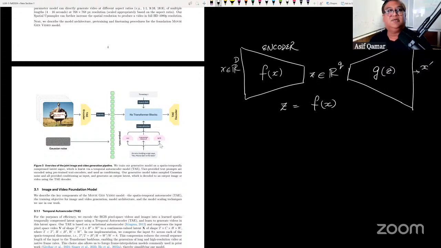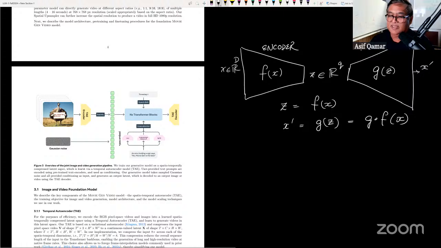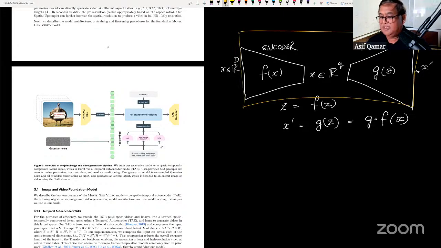It encodes the input into a different representation, Z. And this is called the decoder network. And what will X prime be? G of Z, isn't it? And therefore, this is G of F of input. In some sense, as far as you're concerned as a black box, this entire neural network is this function, G of F. X goes in, X prime comes out.